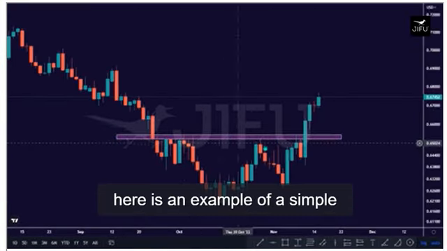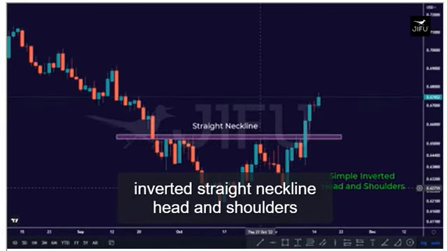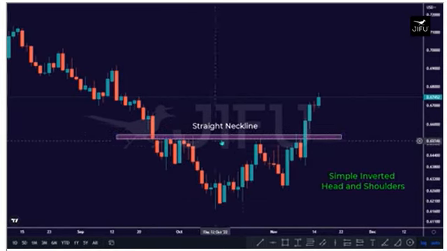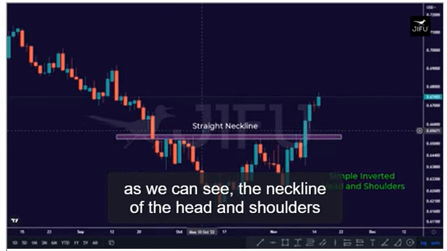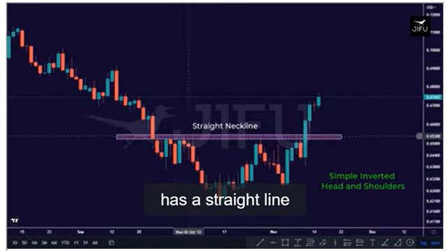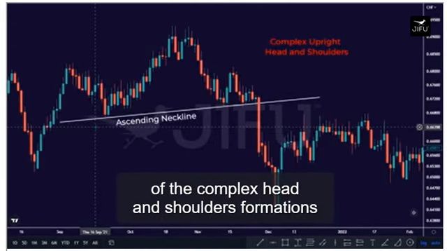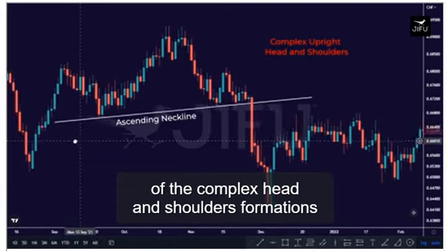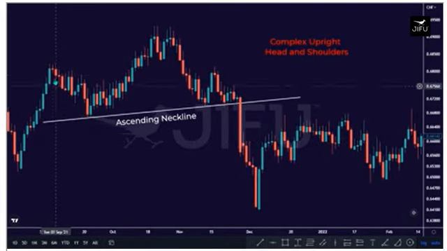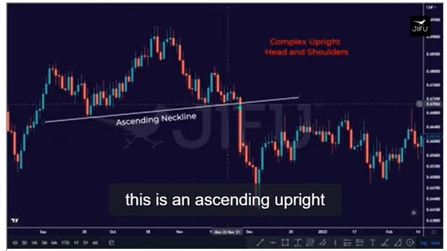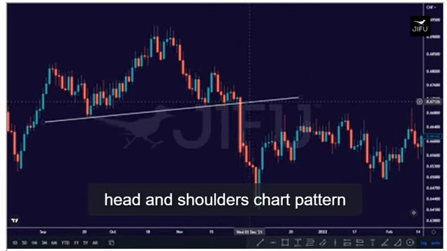Here is an example of a simple inverted straight neckline head and shoulders. As we can see, the neckline of the head and shoulders is a straight line. Let's find more examples of the complex head and shoulders formations on the trading chart. As we can see here, this is an ascending upright head and shoulders chart pattern.